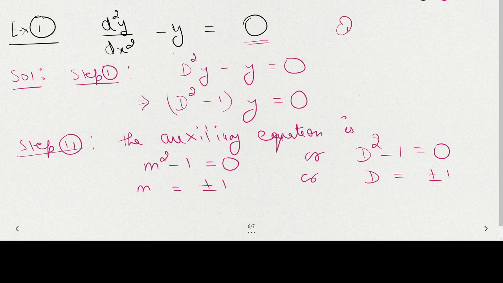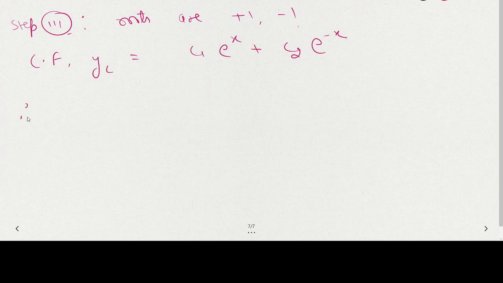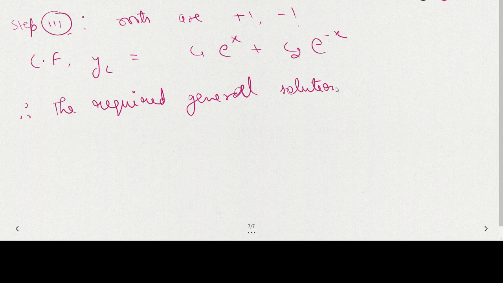As in this question Q(x) is 0, we don't have any particular integral. Therefore the required general solution is y is equal to c1 e^x plus c2 e^(-x), that is only the complementary function.